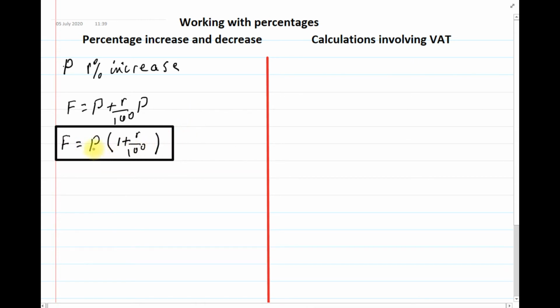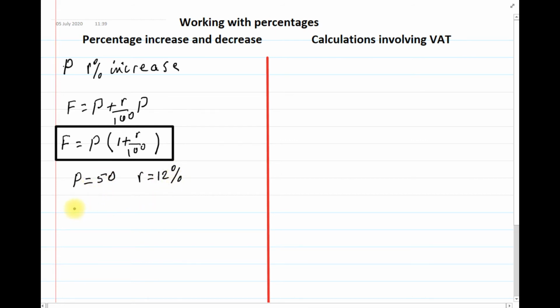So we have this formula. It's the same as the one for price reduction, except instead of the minus, we have a plus. In our example, we had P equal to 50 and R was a 12% price increase.